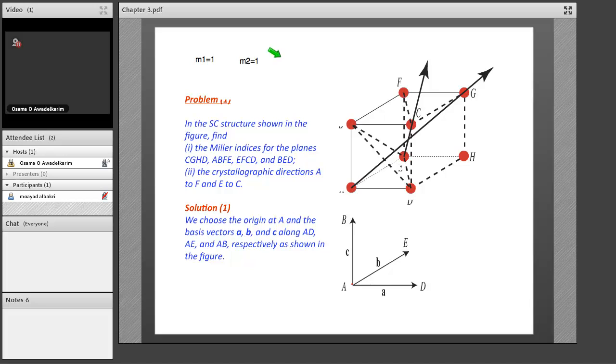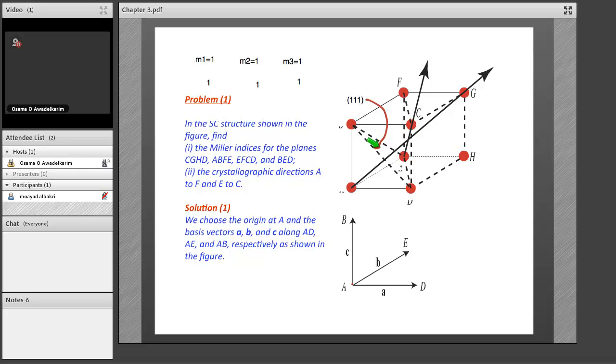So if we take the reciprocals, M1 is 1, M2 is 1, M3 is 1. So this plane is going to be the 1, 1, 1 plane.